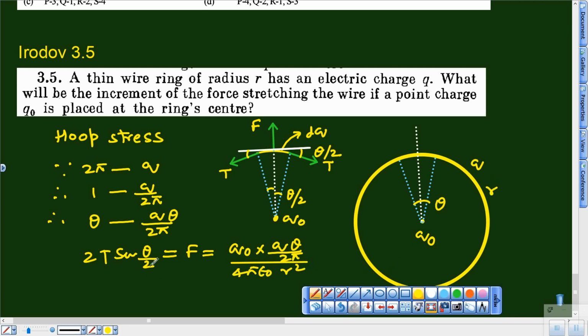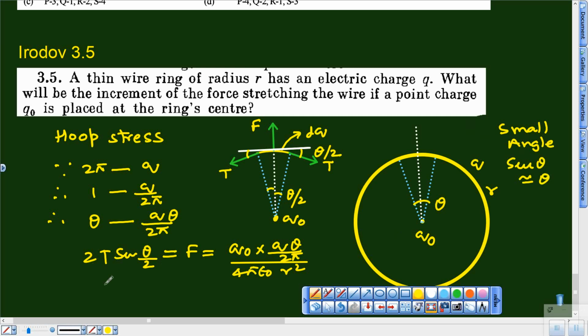You can see that in the LHS, for a small angle, sine theta is nearly equal to theta. I already used this concept today. For a small angle, sine theta is nearly equal to theta.